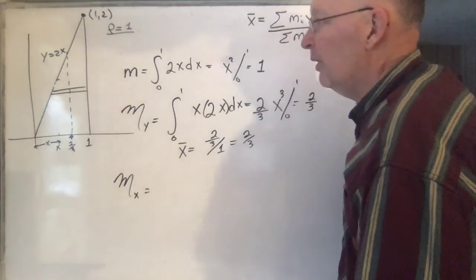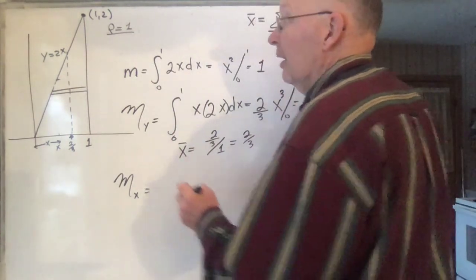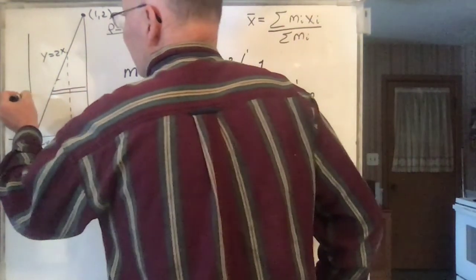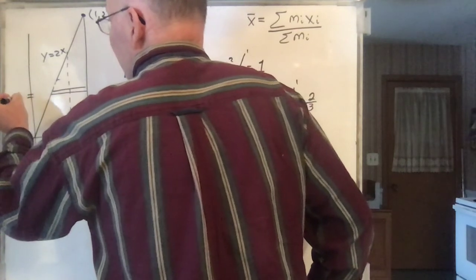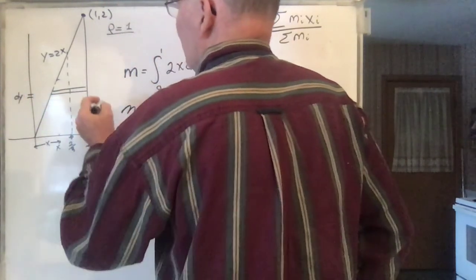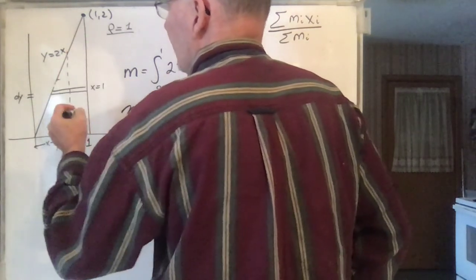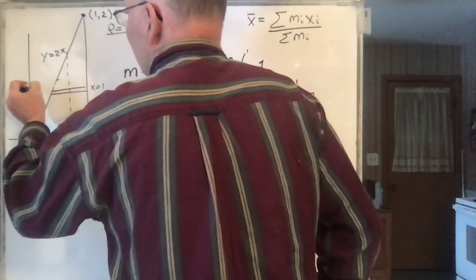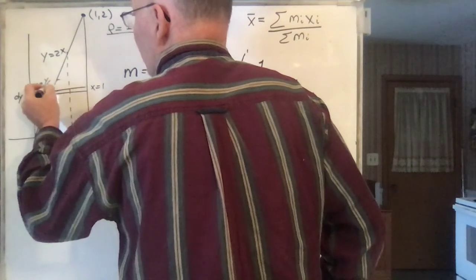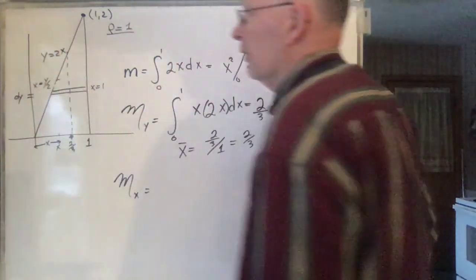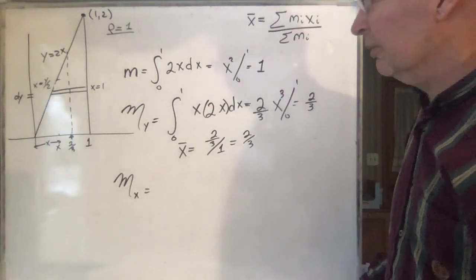So what's the moment due to that rectangle? Well, notice this is all in terms of y now. This is a little dy. So x equals 1 is this line right here. And this is the line x equals y over 2, right? If you solve y equals 2x for x, you get y over 2.